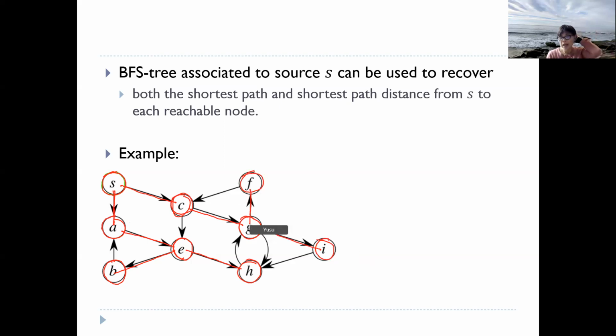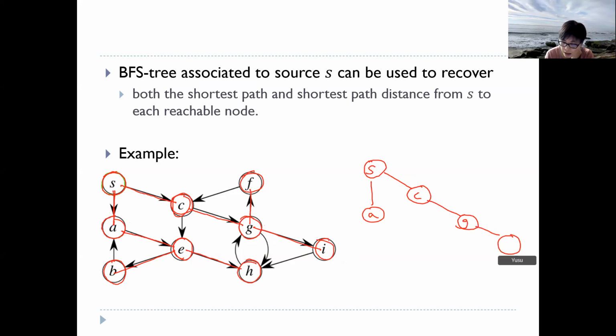So now, if you look at the set of red edges, let me just draw it out as A, C, G, I, F, E, H, E. We see that we have a tree.